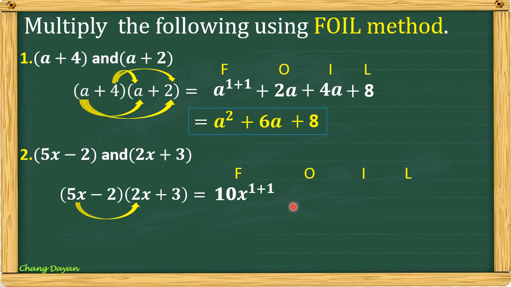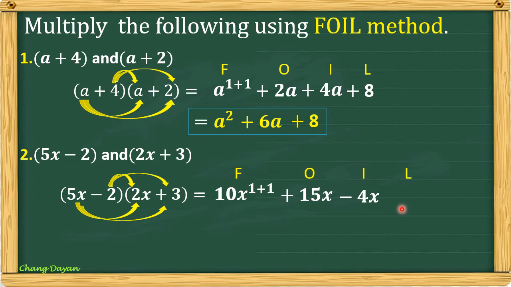For the outer terms, we'll multiply 5x and positive 3, and we'll get positive 15x. For the inner term, multiply negative 2 times positive 2x, and we'll get negative 4x.